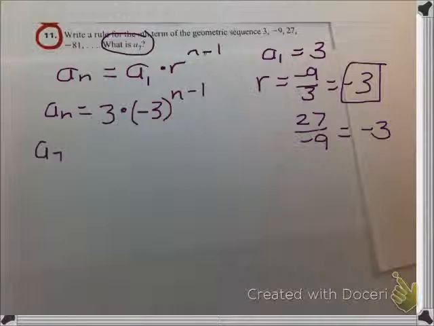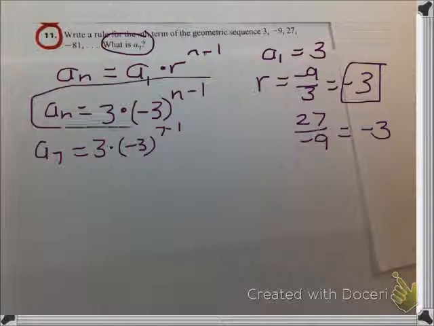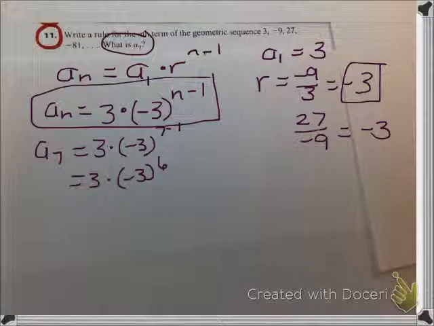So we have a sub 7 equals 3 times negative 3 to the 7 minus 1. This would be just a formula, and so you need to find the rule in order to find the 7th term. Now, what's 7 minus 1? 6. So what is negative 3 to the 6th power times 3?